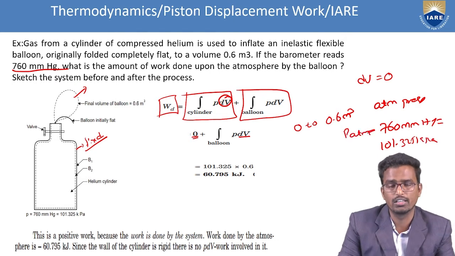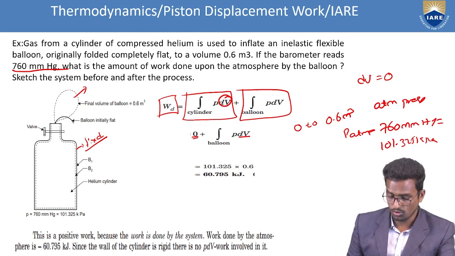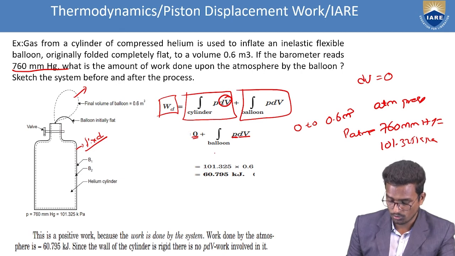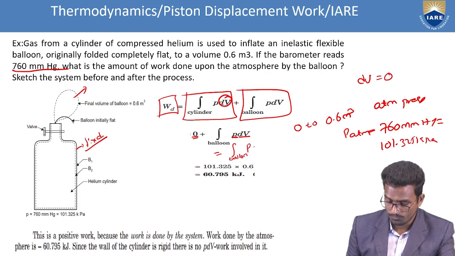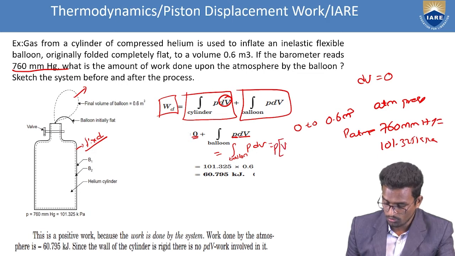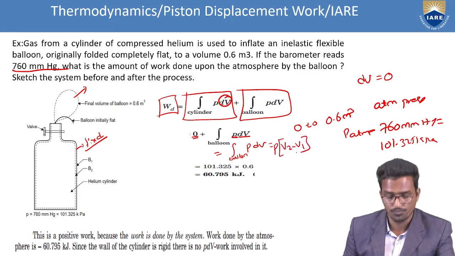Just before, in a previous video, we discussed this, right? So substitute the value of P. If you integrate this, W balloon is equal to the integral of P dV, that is equal to P into (V2 minus V1). What is P?